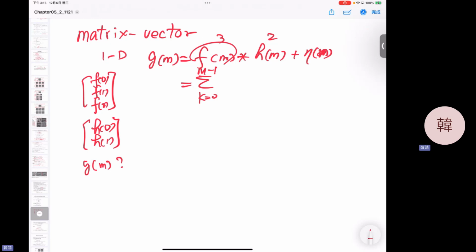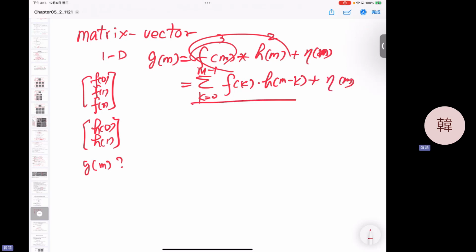The process is you reverse one vector and then slide from negative infinity to positive infinity. If they overlap, you stop, then sum up together. So the definition is like this: the sum of Fk times H(m minus k) plus eta m.